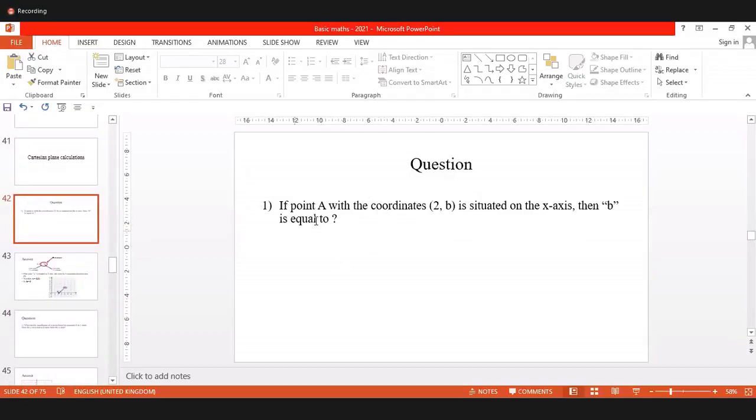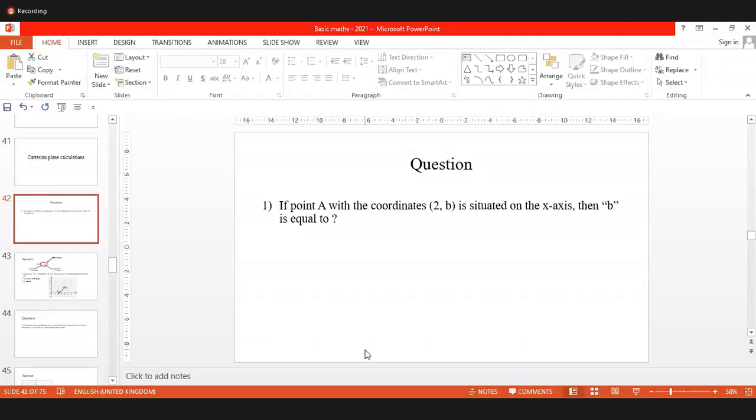Abhishan, can you work it out? Yes, I am working. Vidushana, finished?